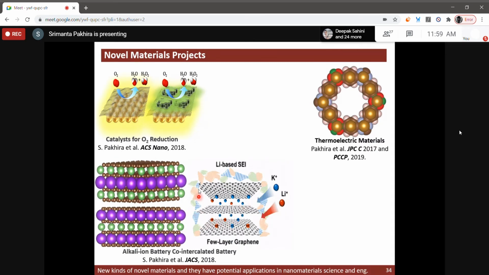These are the solid electrolyte interface, which is lithium based, and the blue color represents my potassium ion, the purple color here, and the lithium is this. But if you look here, they intercalated randomly. We try to intercalate only one kind of ion between two graphene layers.